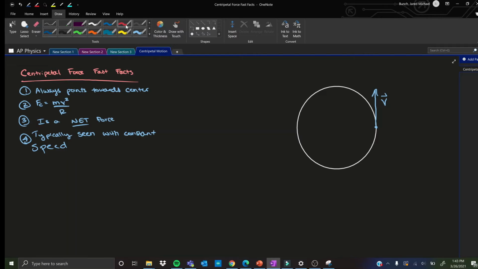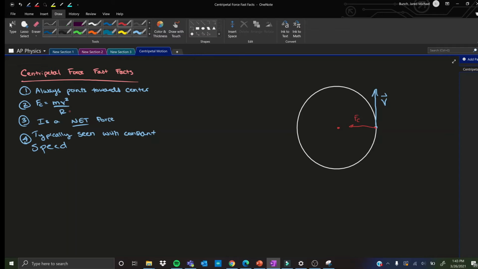And if you're traveling along this path, then your acceleration and force would be pointing this way. So this would be your centripetal force, because this is the center of your motion. And so your centripetal force always points towards the center. They love to ask you about these kind of questions on AP tests, college tests. What's the direction of the centripetal force? It is not pointing outwards, but it's pointing inwards.